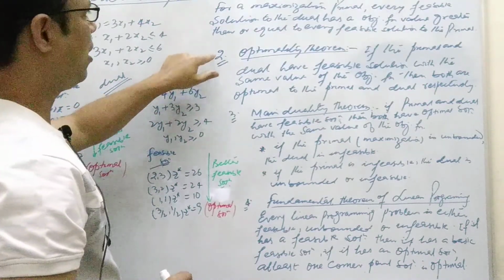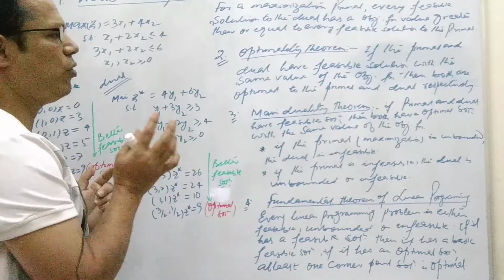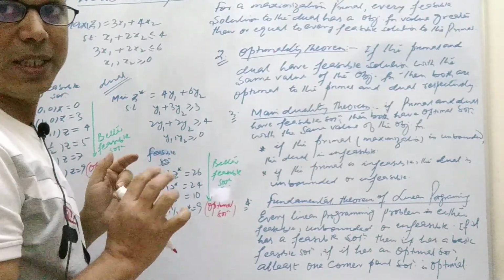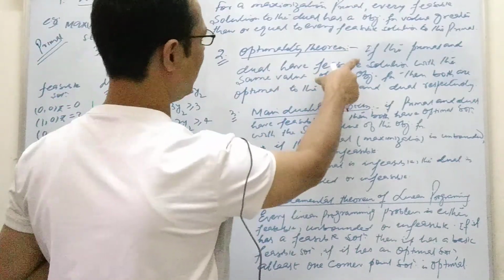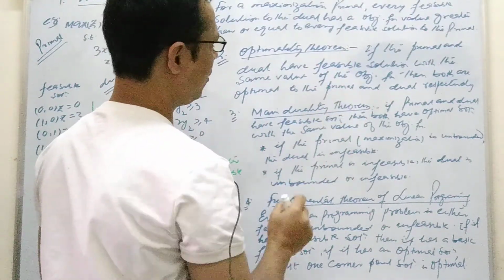Second, I am going to take the optimality theorem. The optimality theorem also gives you the ideas of the weak duality theorem, because it says the same thing from a different point of view.